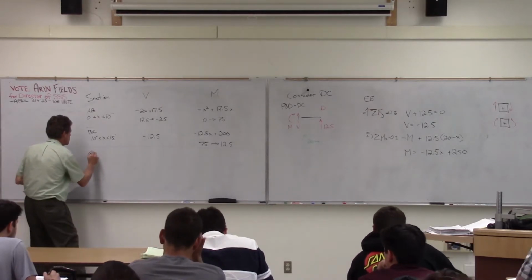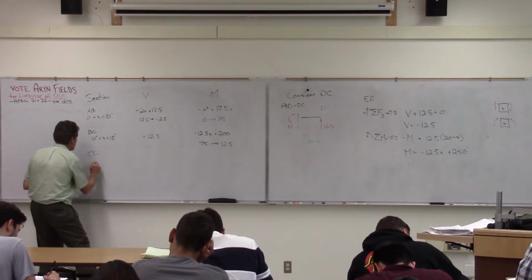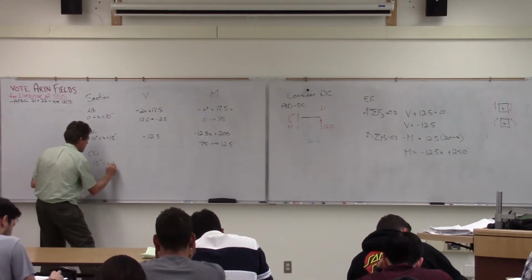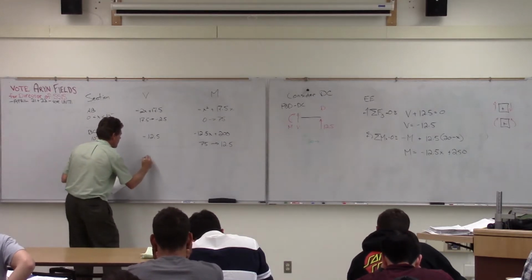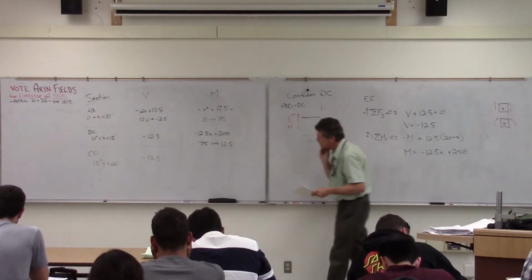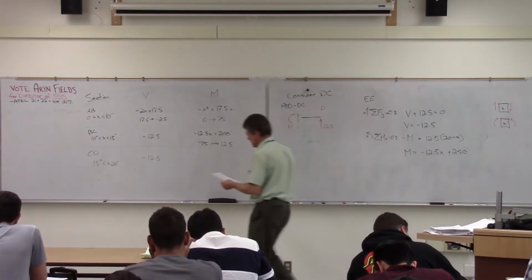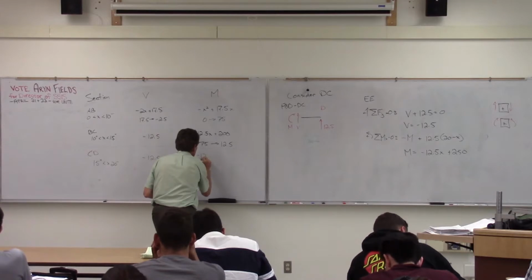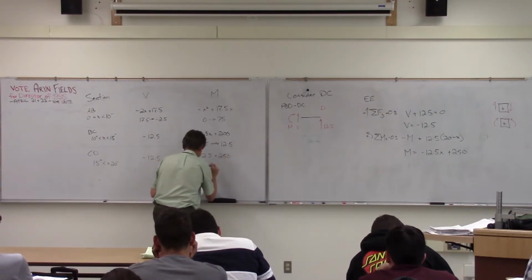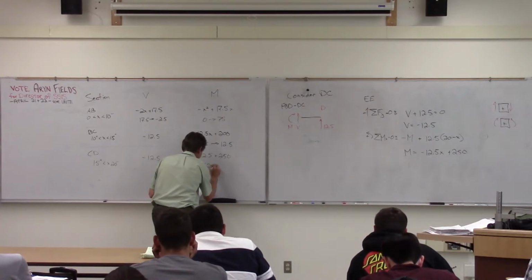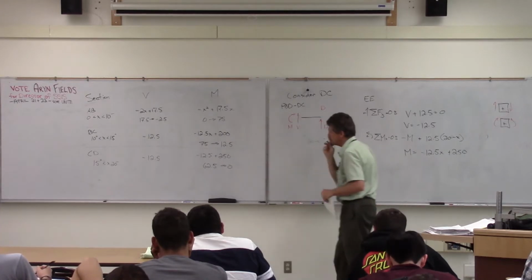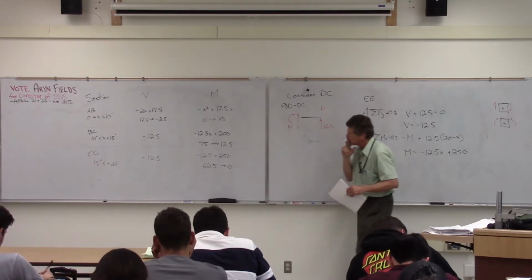And then our final piece is CD. And again, that's a real easy one. The shear doesn't change in that range. My moment equation looks a little bit different, but we'll notice a couple of things here.